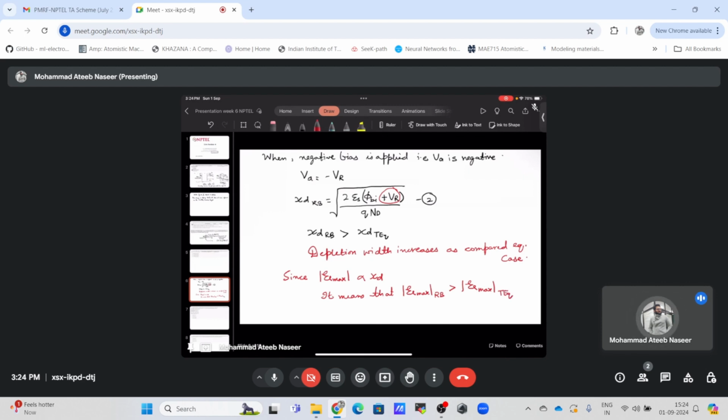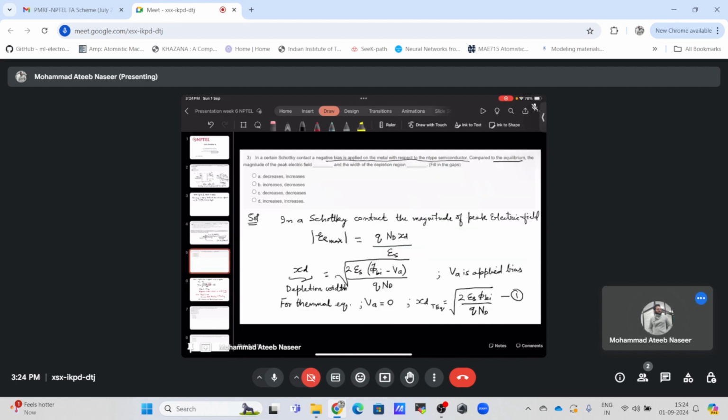So XD increases and the magnitude of Emax also increases for the reverse bias case. So we will select option D for this particular problem.